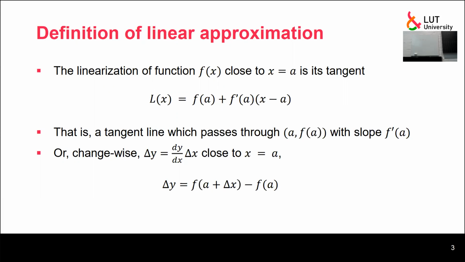And if you remove the x from what I drew on the board, we have only delta x times the slope. This is delta y. It comes up in an example in a short while.